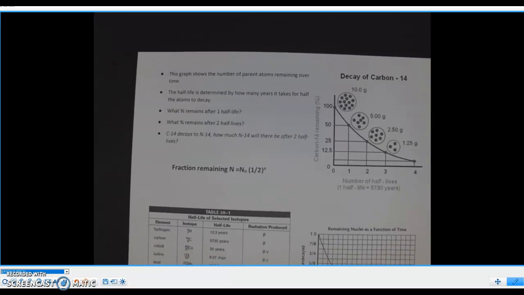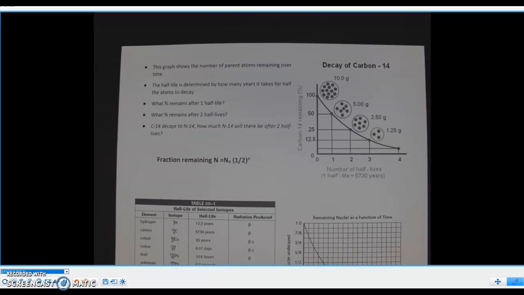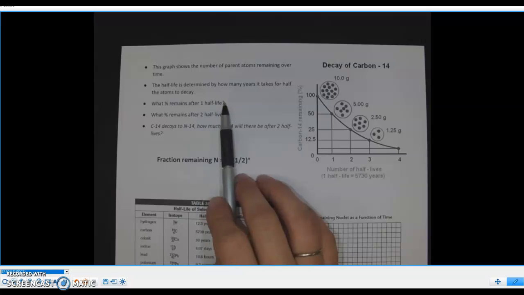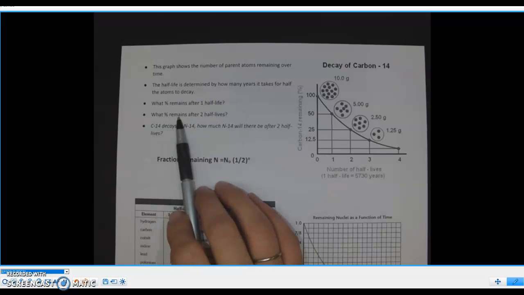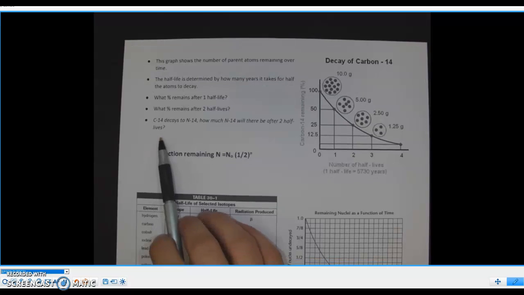Here's the equation that we're going to use to help us with this. Okay, so what percent remains after the first half-life? 50% of the original radioactive isotope remains. What is the remainder after the second half-life? 25% of the original remains at the second. Okay.